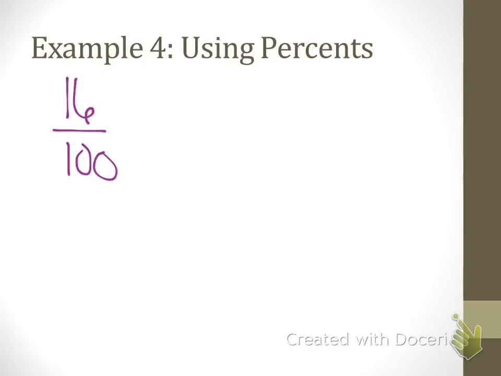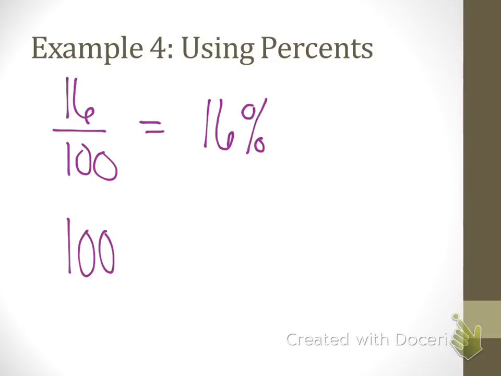Okay, well, if 16 out of 100 were from the U.S., what percentage is that? 16%. Very good. So if I know that 16% were from the U.S., how could I figure out how many were not? Very good. Subtract it from 100. I know that the two together are going to equal 100.